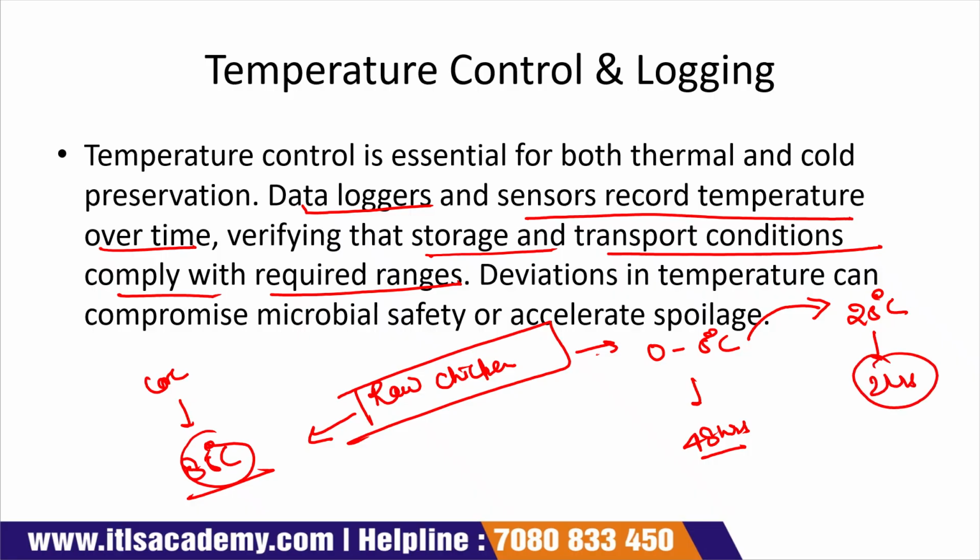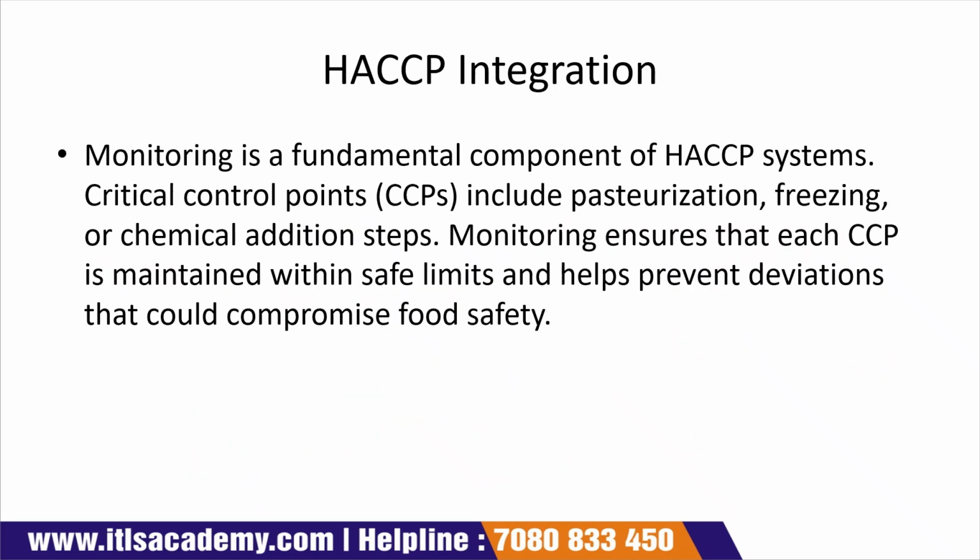At that time this raw chicken is spoiled. So if you are not monitoring, you will not know if any variation of temperature takes place, because the variation in temperature can compromise the microbial safety and even increase the spoilage of the food products.